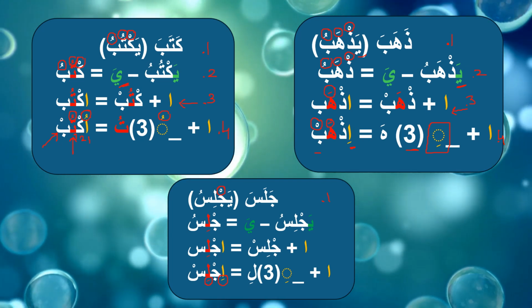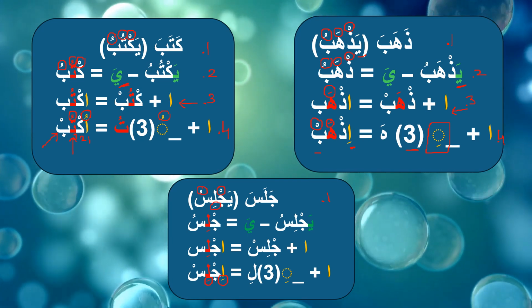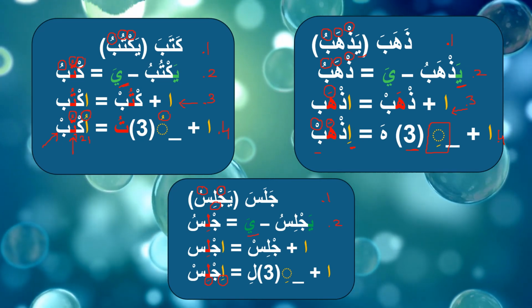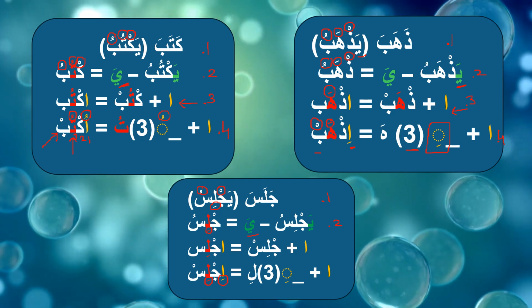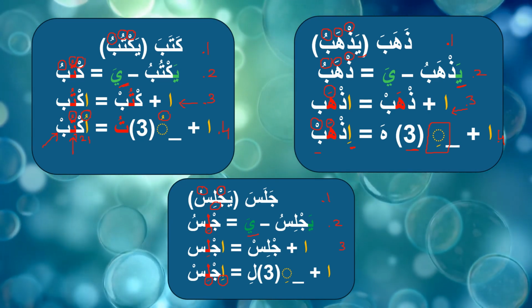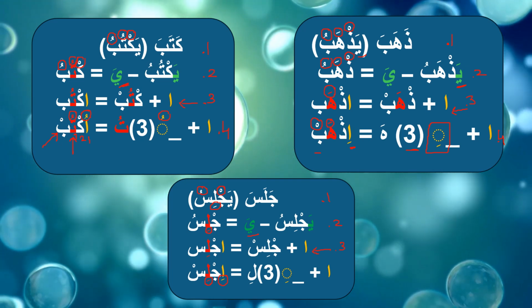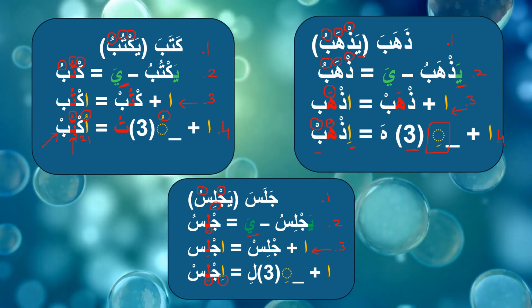Jim with sukoon, lam with kasra, and sin with dhamma. So the second step is removing the harf mudare. So you got your three letters, still the third letter is having a kasra. Now the third step is bringing in the hamzatul wasl. We have a structure, hamzatul wasl, jim with sukoon, lam with kasra, and sin, I have left it alone.